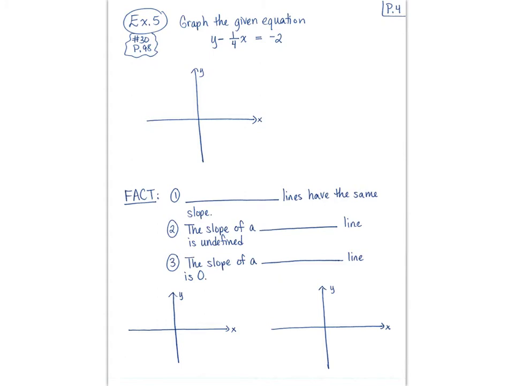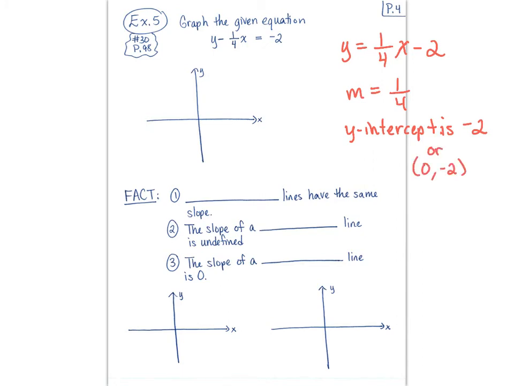So, this means y is equal to 1/4 x minus 2. Okay, so what's your slope here? Good. Your slope is 1/4. What's your y-intercept? Good. Your y-intercept is -2. Or, as an ordered pair, 0, -2.